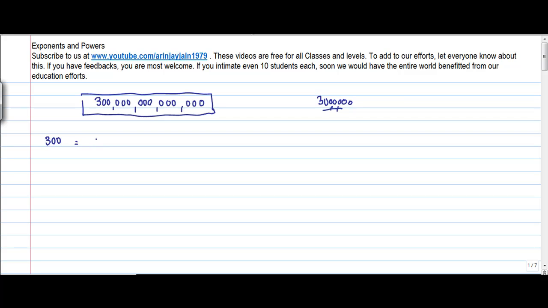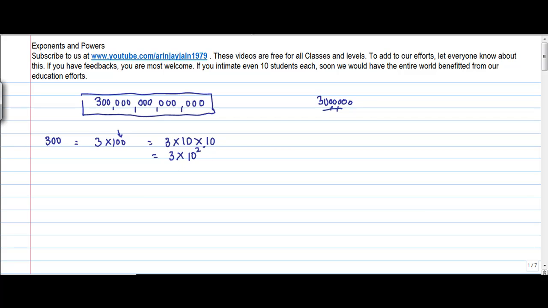You can also write 300 as 3 into 100. This is another value for 300. Or you can write it as 3 into, you further simplify 100 to write it as 10 into 10. Or you can simply mention this as 10 to the power 2.